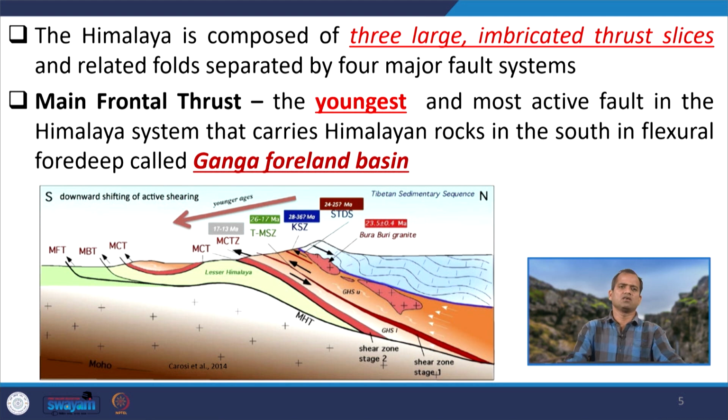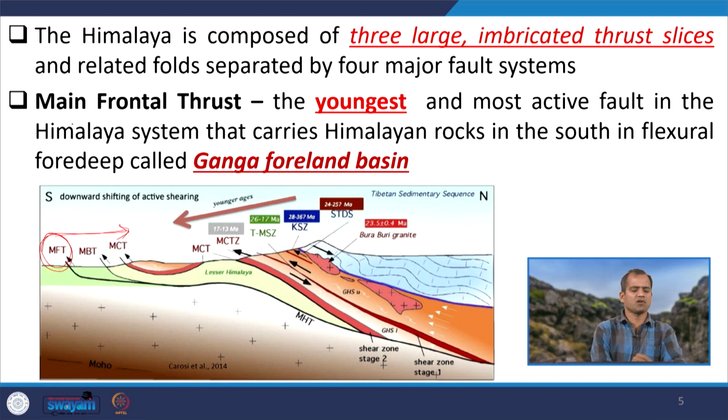So, the first one is the main frontal thrust at the south, and if you see here, from south to northward, gradually the age of the thrust sheets increases. That means the youngest thrust sheet is at the south and the oldest at the north.